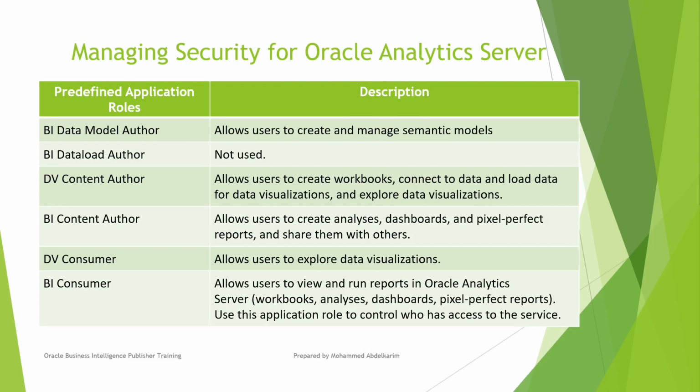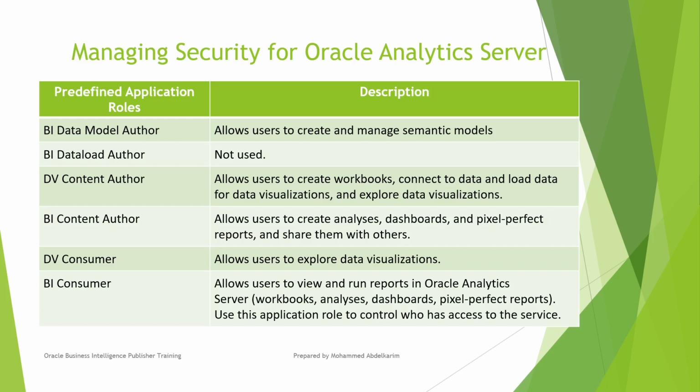Now, the DV Content Author allows users to create workbooks, connect to data, and load data for data visualizations and explore data visualizations. The next application role is BI Content Author, which allows users to create analyses, dashboards, and pixel perfect reports with BI Publisher, and share them with others.